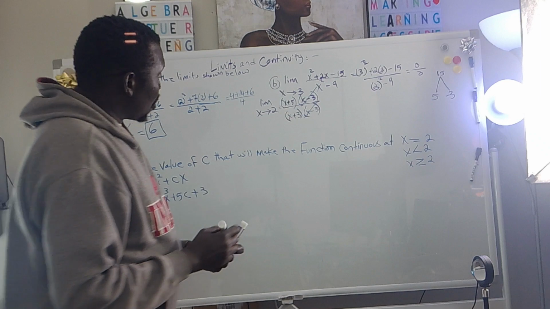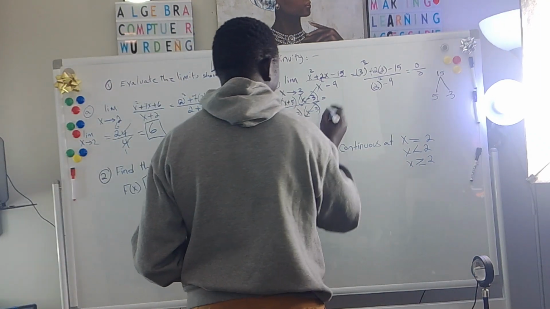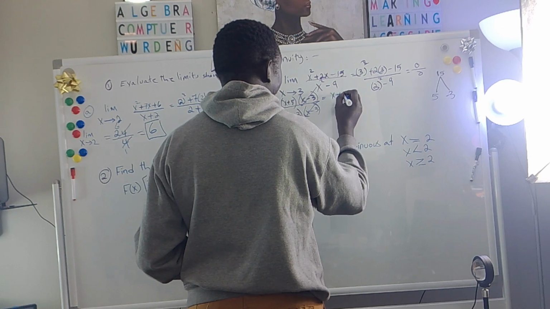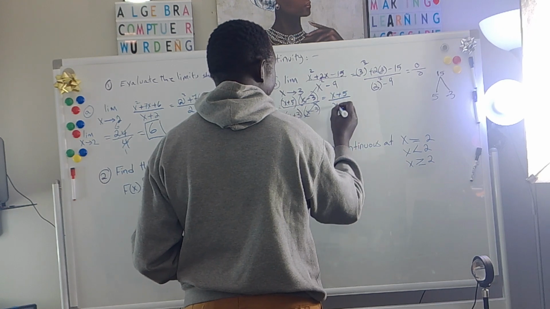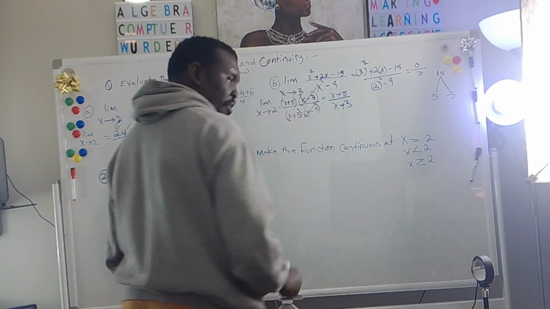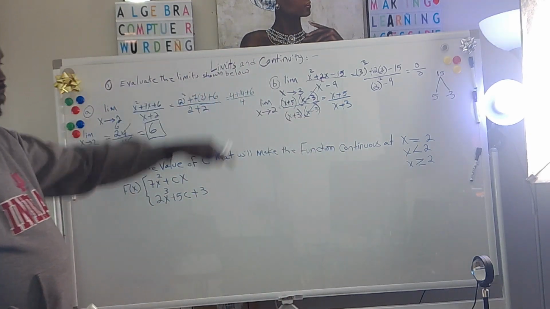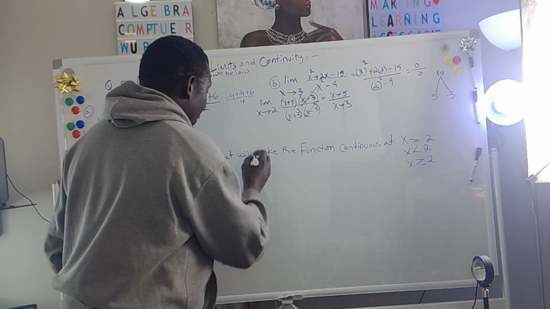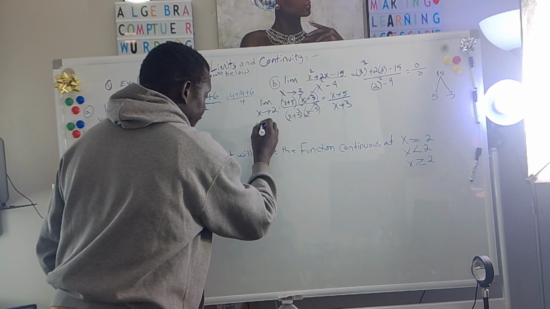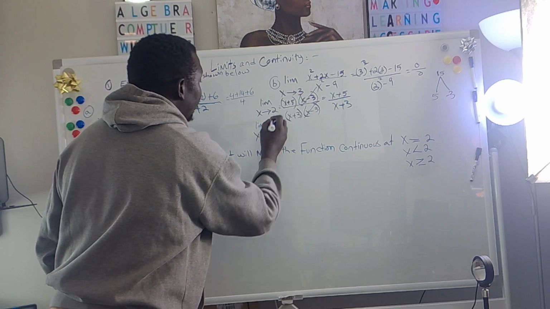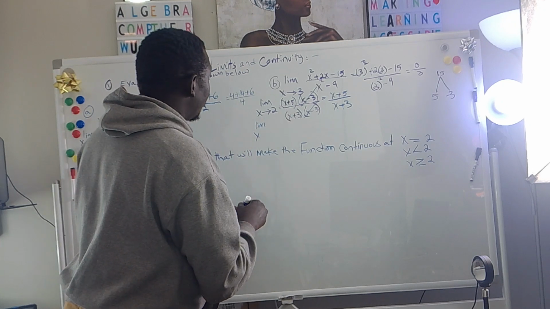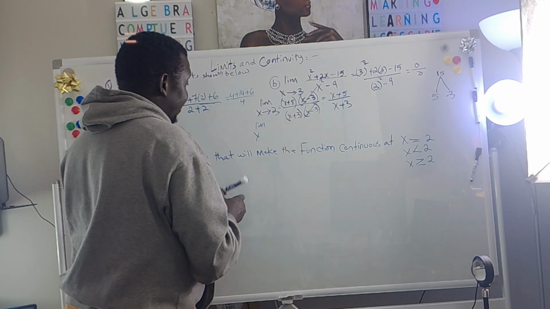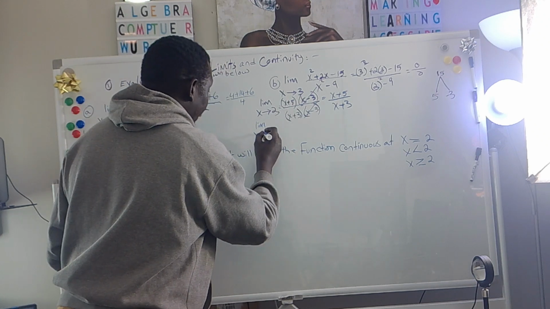That keeps me with x plus 5 divided by x plus 3. That is what is left. Now take your number and plug it in, when x approaches 3. Actually, it's not 2, it's 3 here.